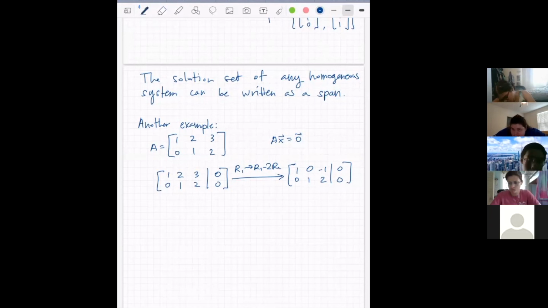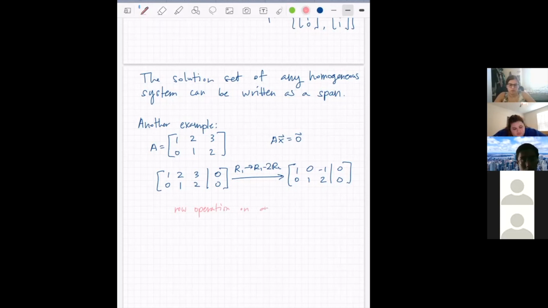Now I'll point out something that you might notice. When we're doing row operations on an augmented matrix that looks like this, so we have our matrix A, and then we augment with the 0 vector, that will actually never change.